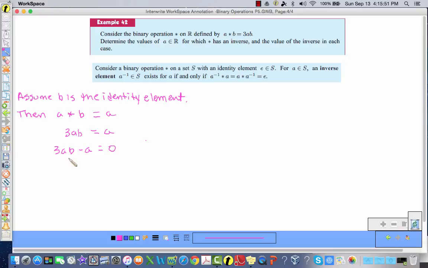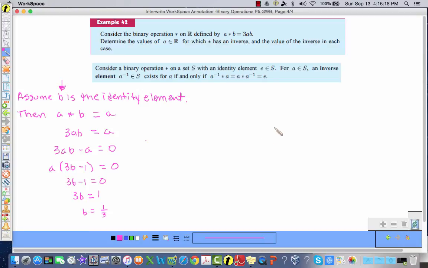What can we factor out here? A times (3B minus 1) equals 0. We're only interested in B because that's what we said is the identity element. So I'll set 3B minus 1 equal to 0. 3B equals 1, and B is equal to 1/3. So we do have an identity element, and that's what we're going to work with here.